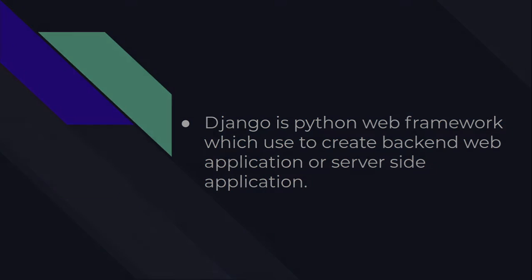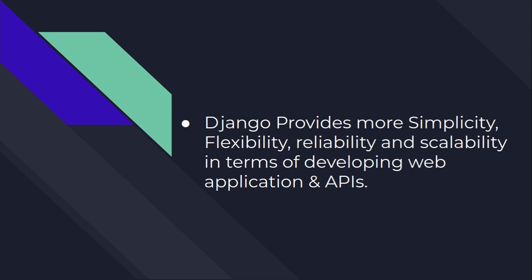Okay, so why do we need to use Django? Django provides more simplicity, flexibility, reliability, and scalability in terms of developing a web application and APIs. We will see how these features are useful while creating the web application and how these features affect the web application in this series.